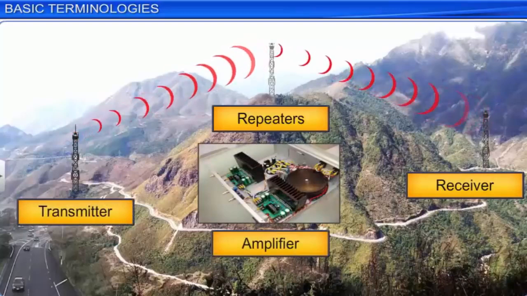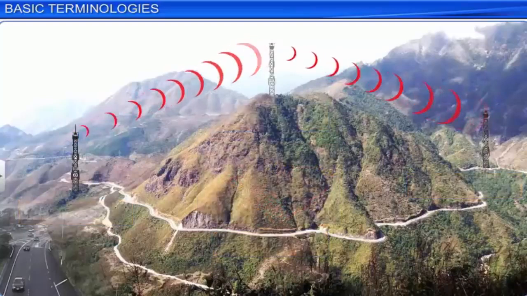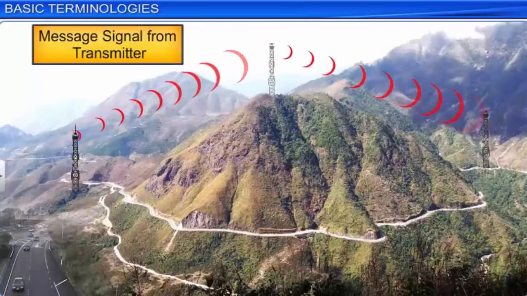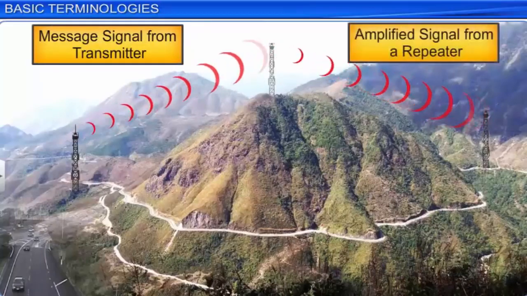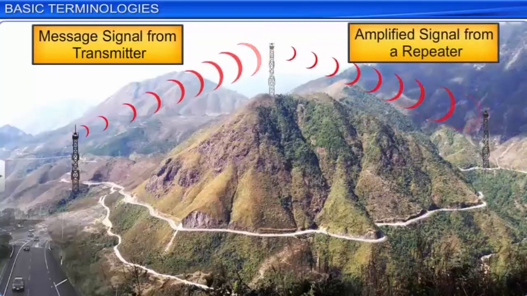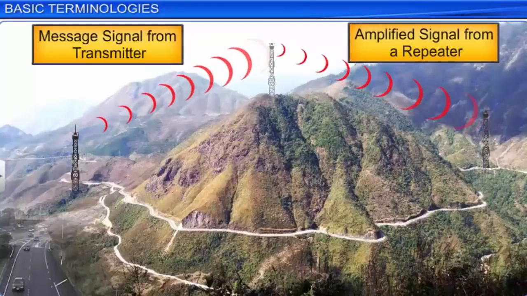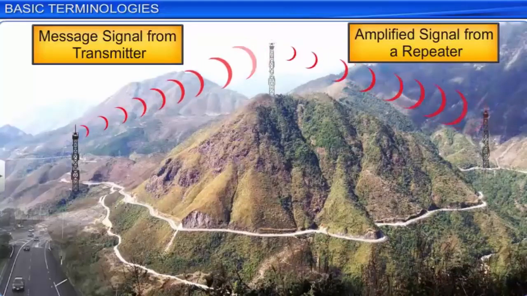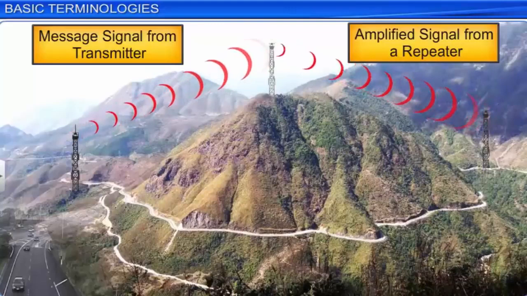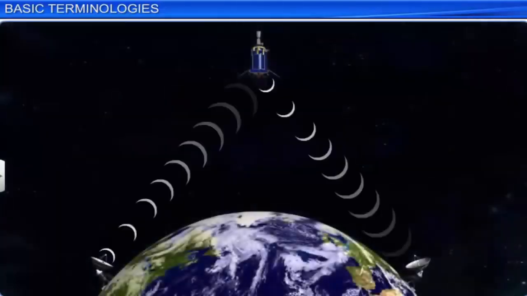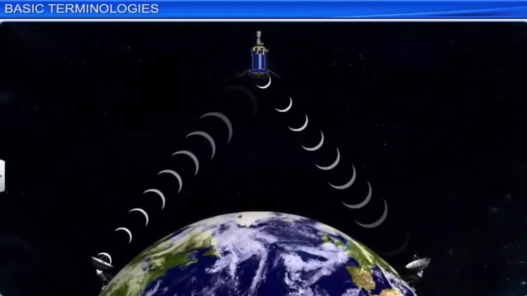A repeater receives signal from a transmitter or another repeater, amplifies it, and transmits to another receiver, at times with a changed modulation. Using multiple repeaters, the range of a signal can be increased to a very large extent. Communication satellites in space are examples of repeaters.